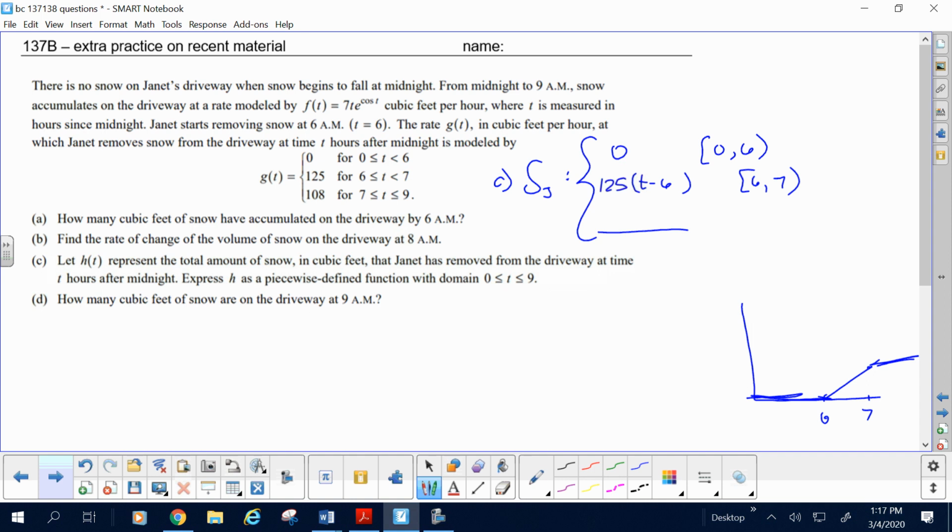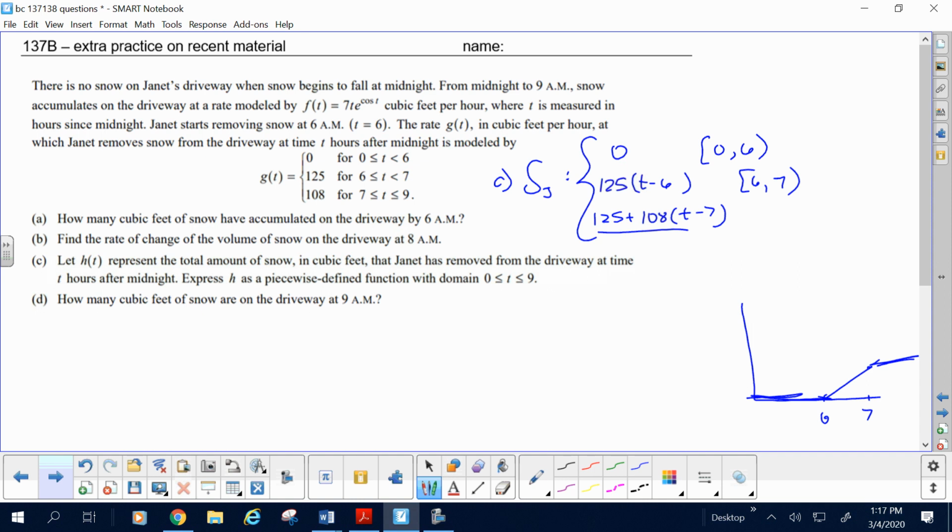How much did she shovel from time 6 to time 7? 125 cubic feet. So our starting point is 125, and now we're going to add in more snow shoveled. How do I express how much more snow shoveled afterward? 108 times the time since 7. You follow?